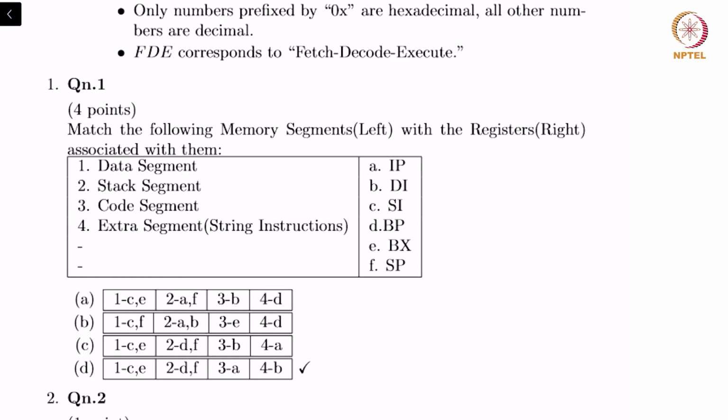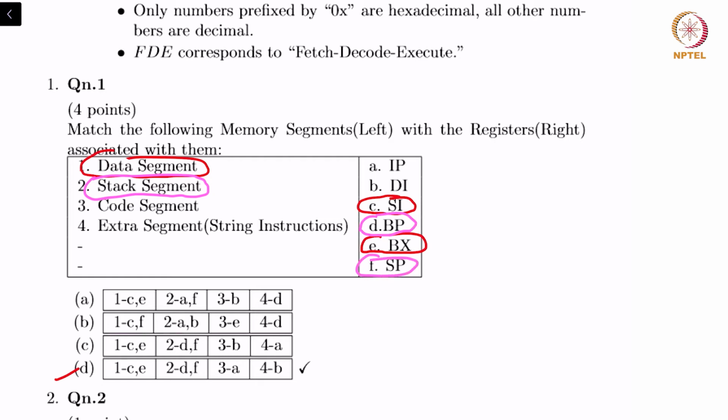So the correct answer is option D, where the data segment gets mapped to the source index and the BX register, right? And the stack segment gets mapped to the base pointer and stack pointer.